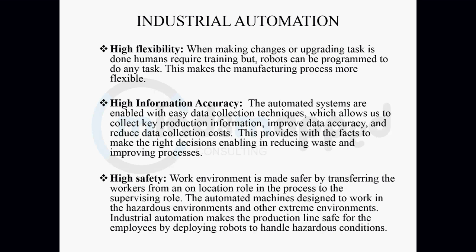So if there is some kind of difficult assembly process where the temperature may be higher, or, let's say, there is an aerosol spray in a paint shop, since you have robots to paint your vehicle, you don't need to send manual labor to paint them, and they don't need to breathe in the harmful chemicals.